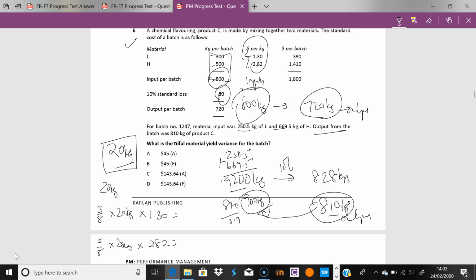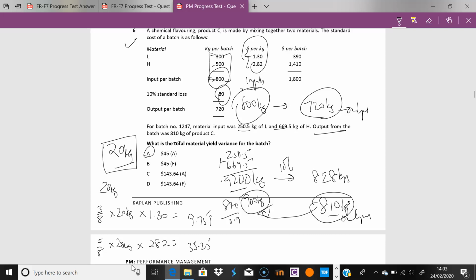When you do these together, you can do them quickly. 3 divided by 8 times 20 times £1.30 will give you £9.75. And the other will give you 35.25, and when you add these two together you will get 45. So we have a 45 adverse variance.